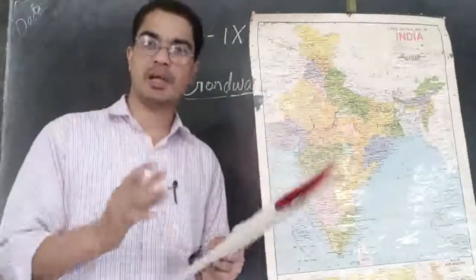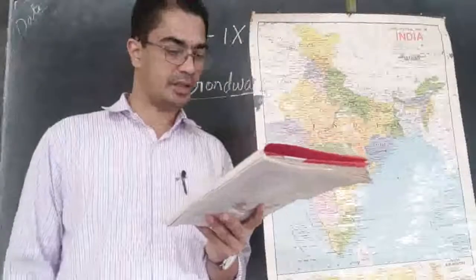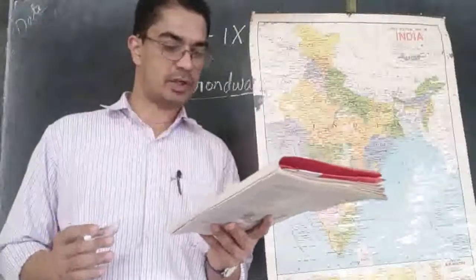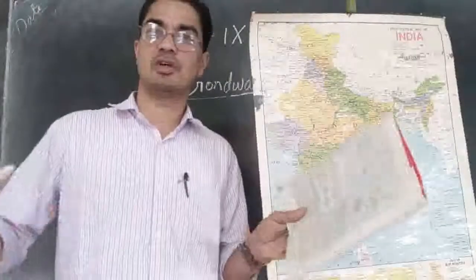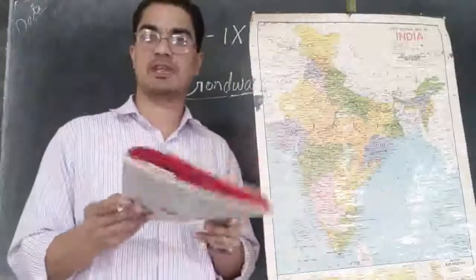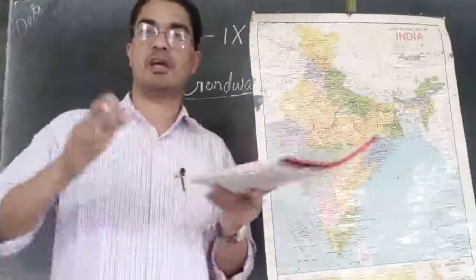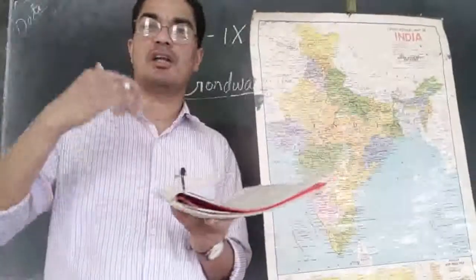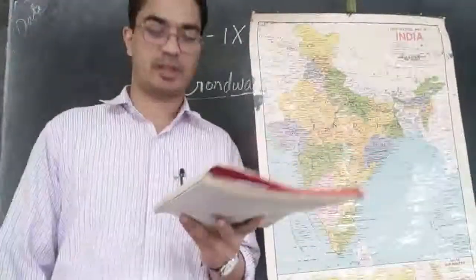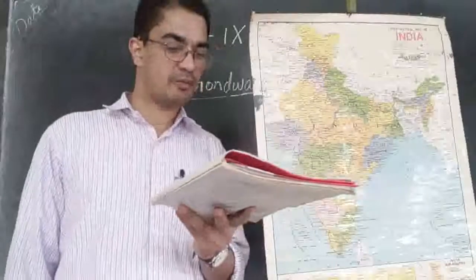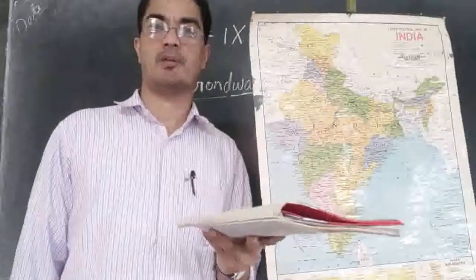So it was accumulated in the Tethys, and then it was folded. They were folded, and it became higher and higher, and it became a mountain. What mountain? The famous mountain system of Himalaya.